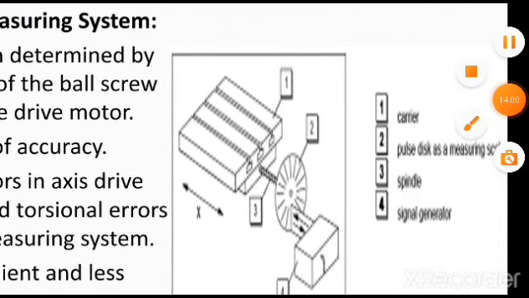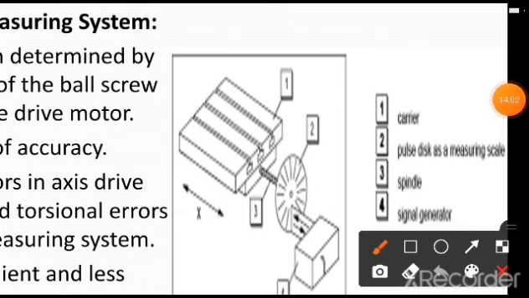Such a system we call an indirect measurement. What we do here is we have the encoder disc. The rotary encoders are provided on a shaft, and part number 3 is called a spindle, which is in connection with your ball screw.